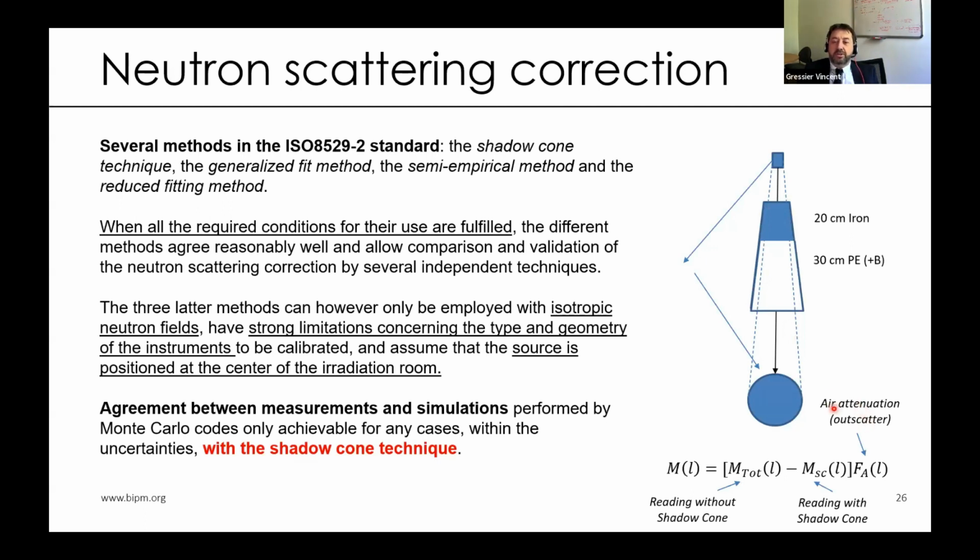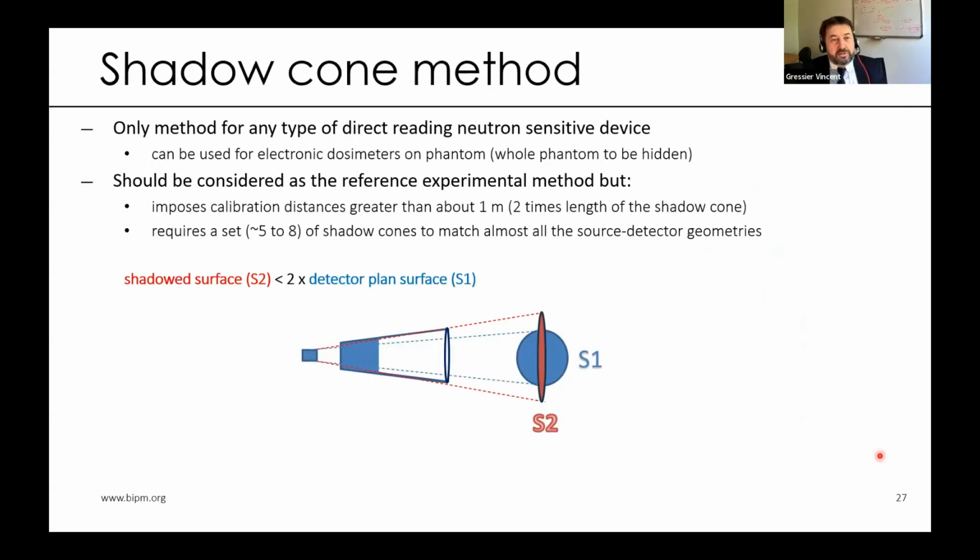Of course, you have to correct because there is still this column of air between the two, and you have to correct for the air attenuation. So the shadow cone method is the only method which can be used for any type of direct reading neutron sensitive device. Whatever the geometry is, that works.